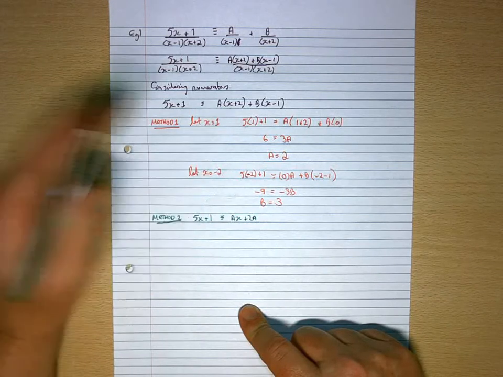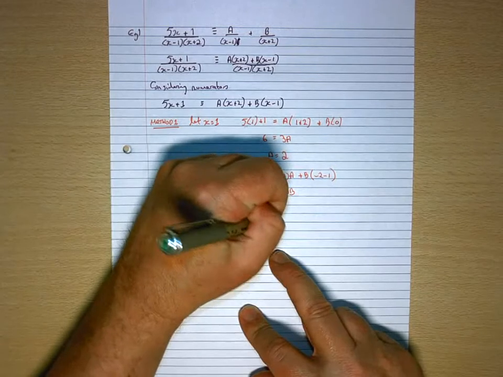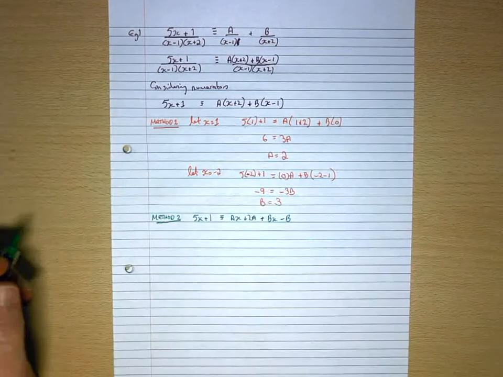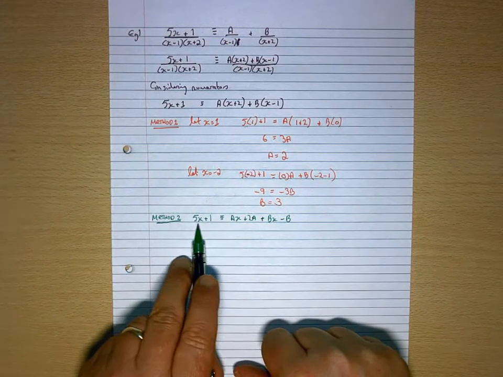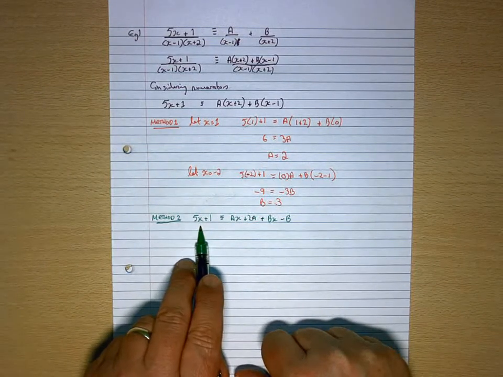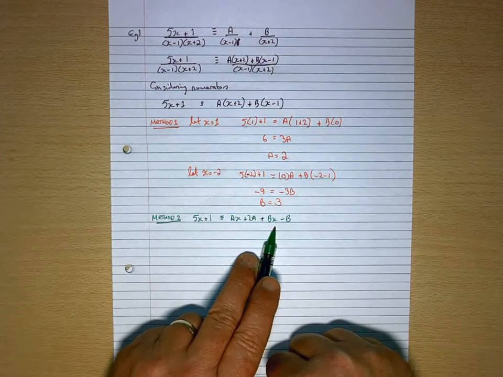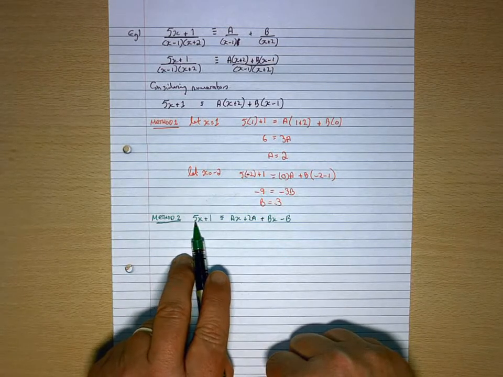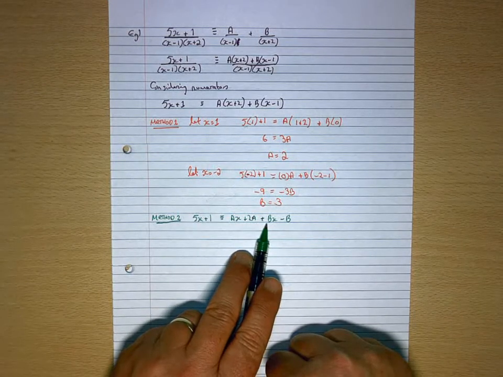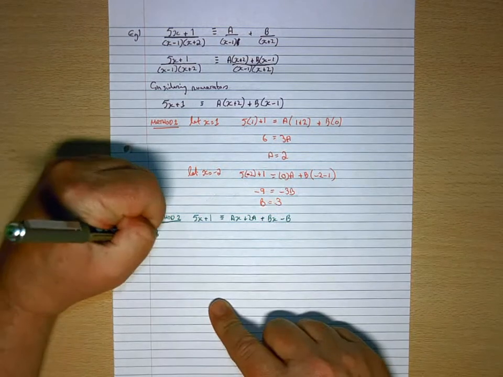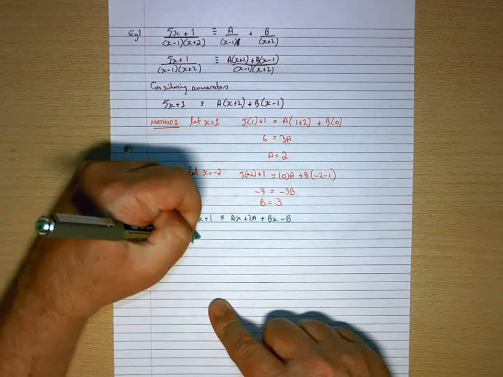So multiplying that, I get ax plus 2a. Multiplying this, I'm going to get bx minus b. So if those are to be equivalent, then the x terms on this side have to be the same as the x terms on this side. So that 5 has to equal whatever the ax and the bx add up to. So this is where we say compare coefficients.